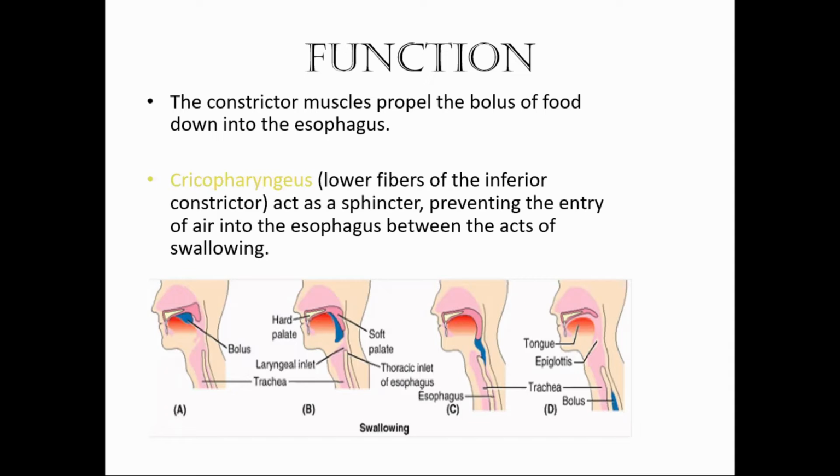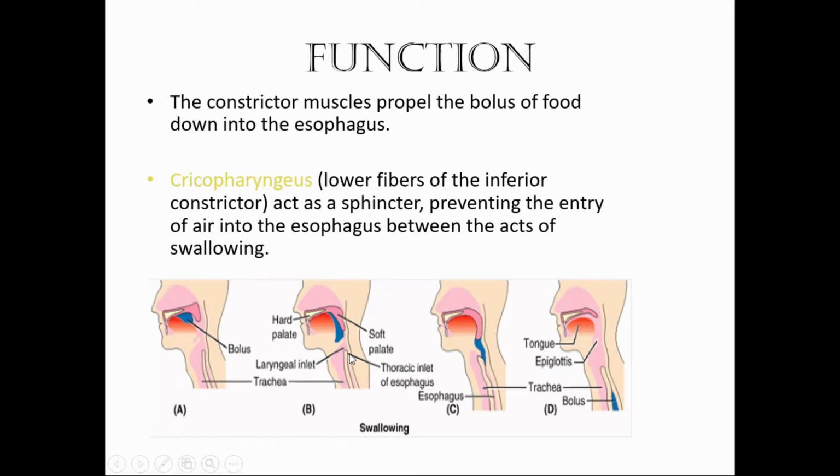The cricopharyngeus acts as a sphincter and it is closed all the time except during deglutition. During deglutition, because of the stimulation by the food, only at that time it opens. Otherwise there is closure of the pharyngoesophageal junction. Only when a bolus of food comes is there stimulation to the cricopharyngeus muscle, and it opens to propel the bolus downward towards the esophagus.